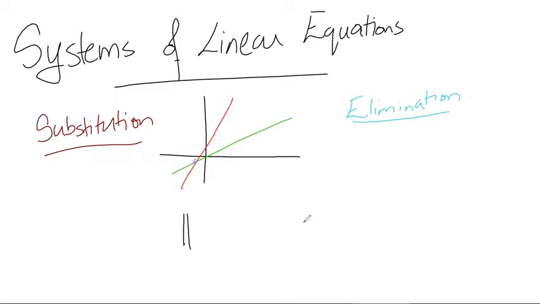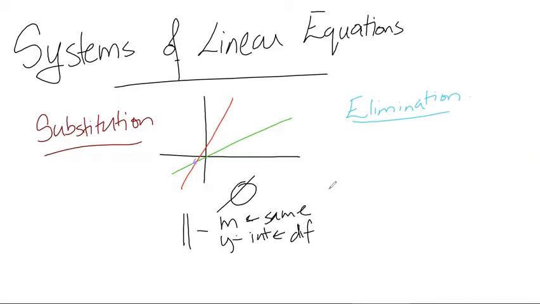For it, all you need is for the 2 slopes to be the same. So the m is going to be the same for both of them, but the y-intercept is going to be different. And this would get you no solutions, and that would be the symbol for no solutions.